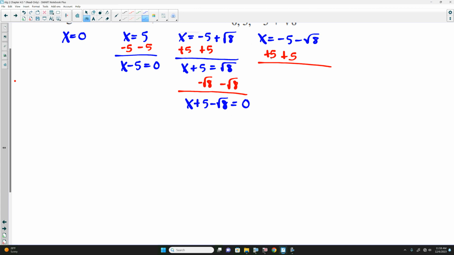Otherwise, we could. Negative square root of 8. Add the square root of 8 to both sides. Telling us x plus 5 plus the square root of 8 is equal to 0.